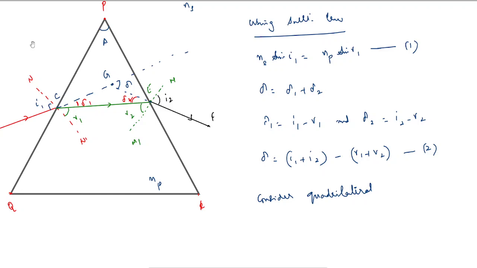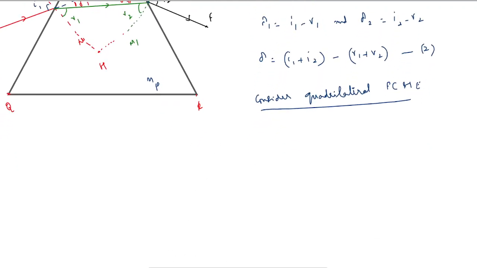Before that, let's draw these normals backward. If we extend the normals, then these normals would meet at a point. Let us call that point H, because in this case PCHE would give us a quadrilateral. So consider quadrilateral PCHE. I'll read this out. It's like this.